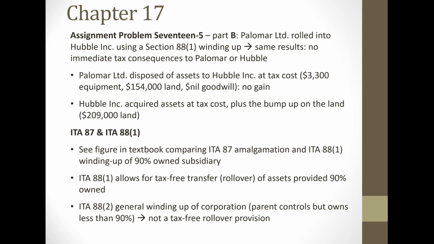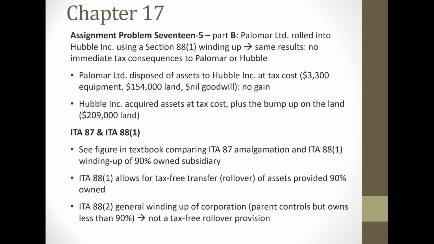That is very different from a Section 88(1). A Section 88(2) is the general wind up corporation rules, and that is where the parent controls but owns less than 90%. So if it's 90% or more, we fall under 88(1), and that allows for a tax-free transfer.